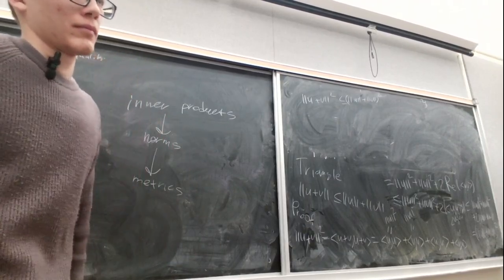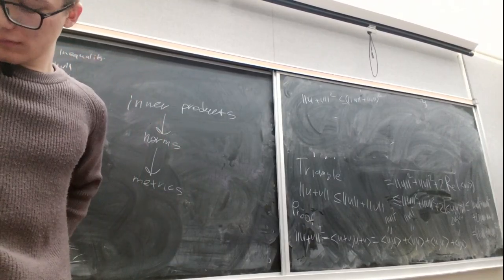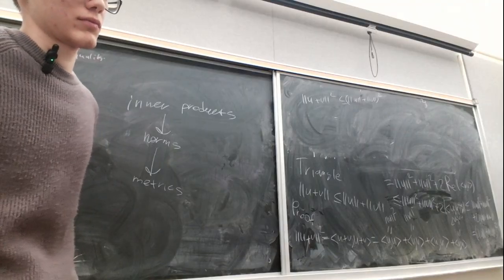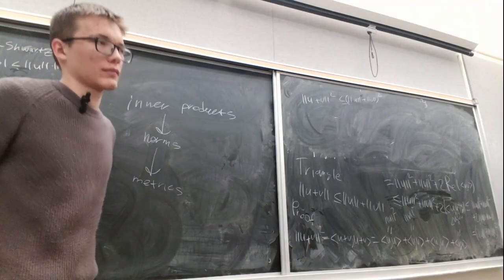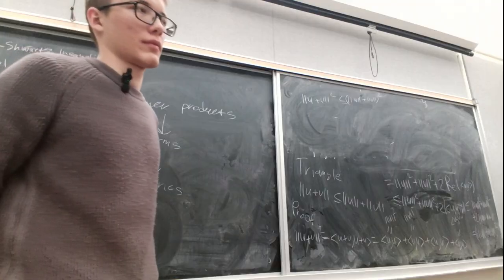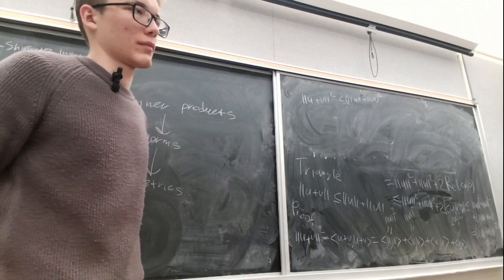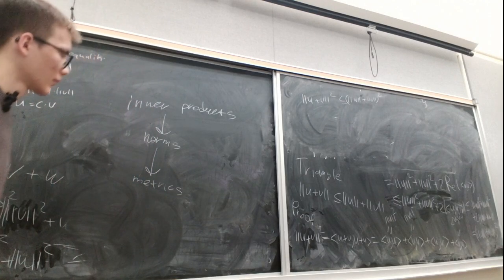It doesn't go like r, but it would go like some function of r, the distance to other points. So metrics don't necessarily induce norms.